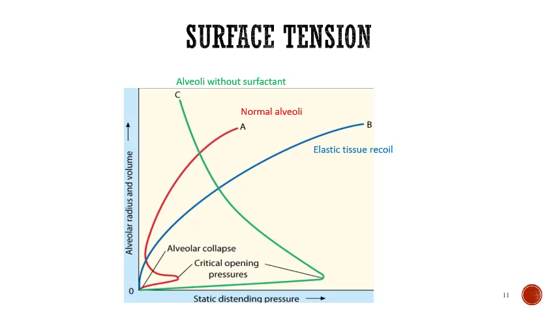And so if you look, the critical opening pressure for that alveoli is way, way higher, right? It's taking significantly more pressure to open that alveoli because that surface tension is so much higher. And whenever you're applying high pressure to the lungs, you are at risk of injuring them. You can create a pneumothorax, which is a hole in the lung.